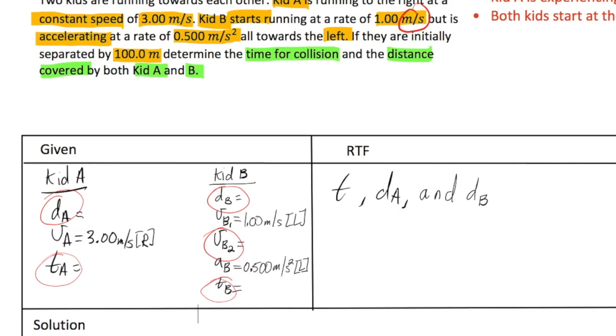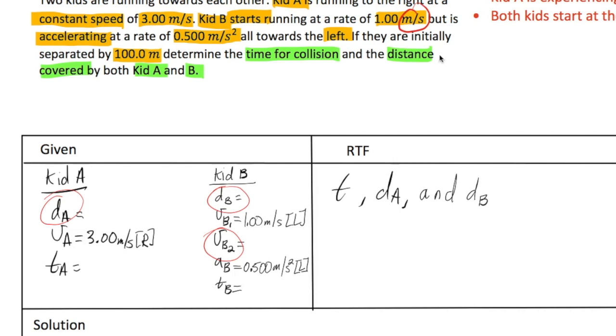One of these unknowns, specifically for Kid B, will naturally be eliminated because our kinematic formulas for accelerated motion only require 4 out of the 5. So the big question is, which one are we going to exclude? Will it be the dB, VB2, or TB? And here's how we go through that decision-making process to ultimately come to that decision.